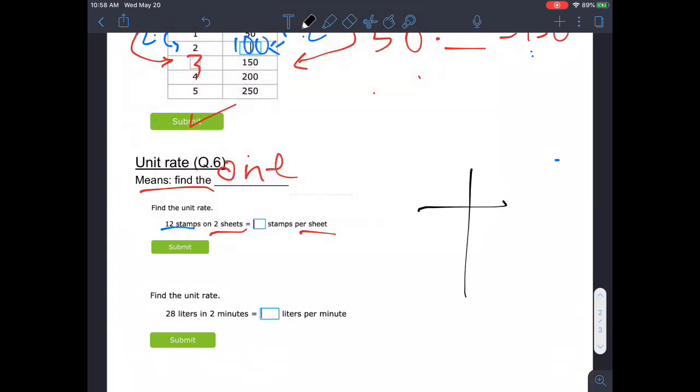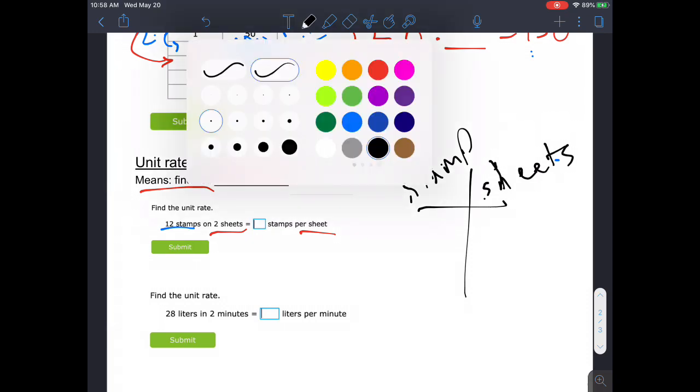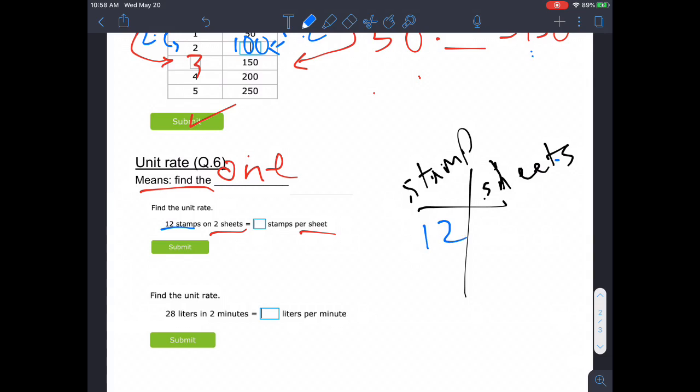If I were to put stamps on sheets, I have to be very careful how I say that word. So 12 stamps on 2 sheets is how many stamps on 1? Per sheet means 1 sheet, right? And that's what we saw here, our unit rate.